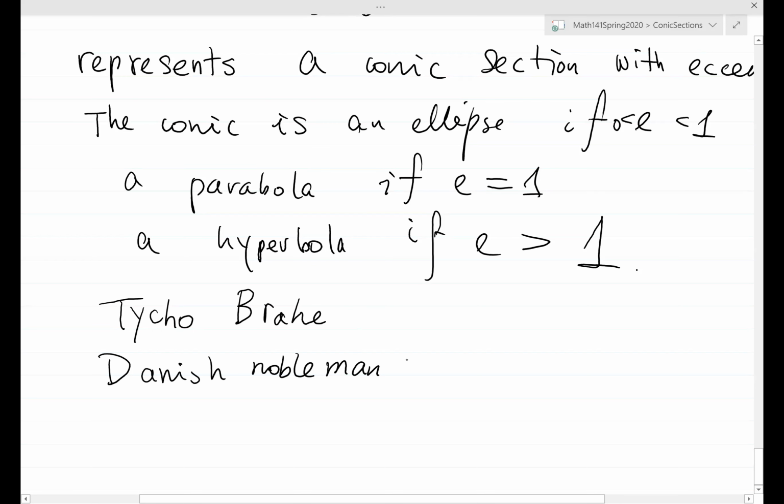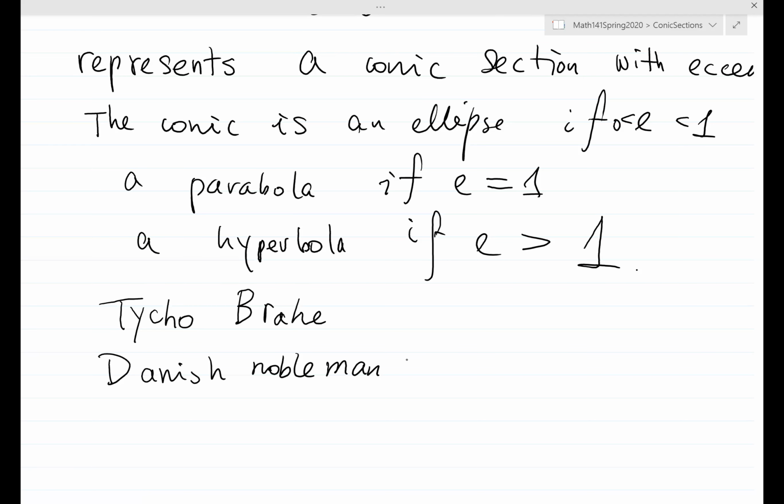He was the last astronomer that observed the stars by naked eyes. It is said that Tycho had really good eyesight. He was the last astronomer that observed by naked eyes.